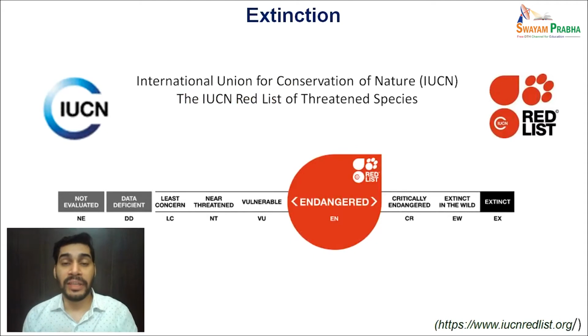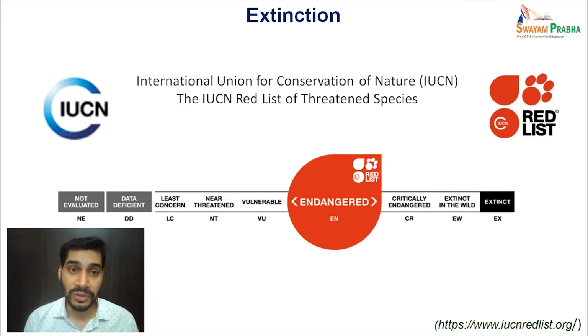Now, we are concerned about extinct organisms and we need to be focused on the revival of these endangered species which are going to become extinct. For that, there is an organization called the International Union for Conservation of Nature, or IUCN.